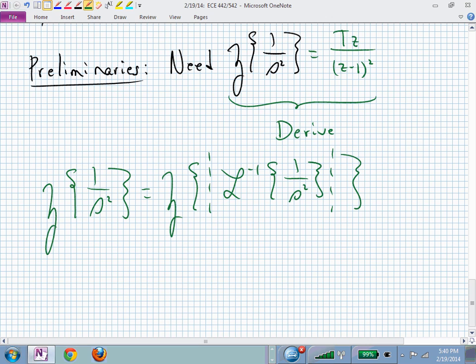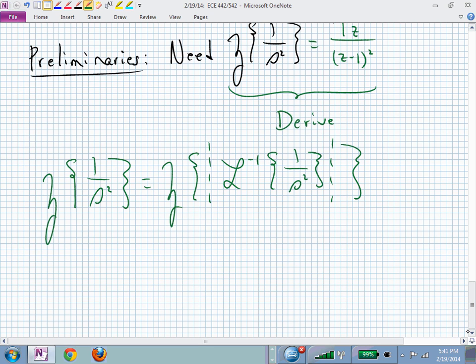That's what we agreed to define that z transform operation by. We are effectively inverse Laplace transforming 1 over s squared, then sampling that time domain waveform, and then z transforming that sequence of numbers. That's the process that we have established.